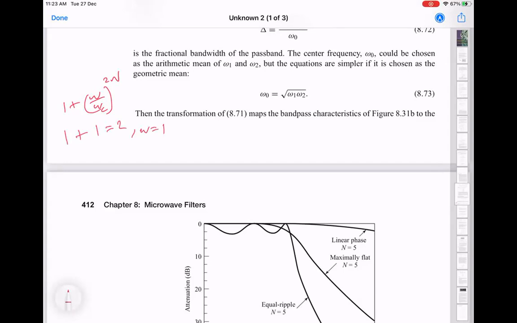If I now go to omega over omega c equal to 2, then it will be 1 plus 2 to the power 4, which is going to be 17, right?